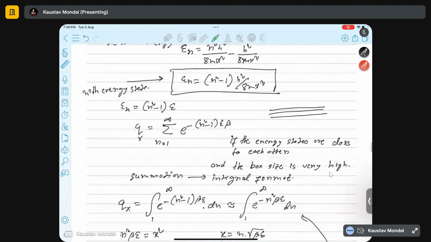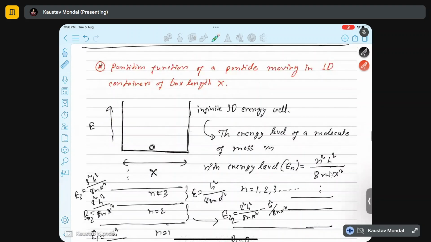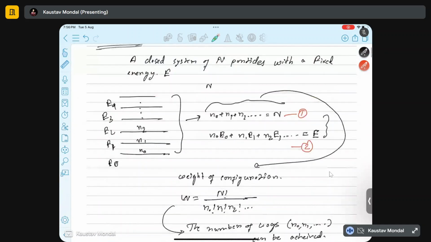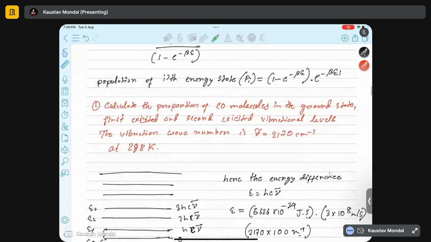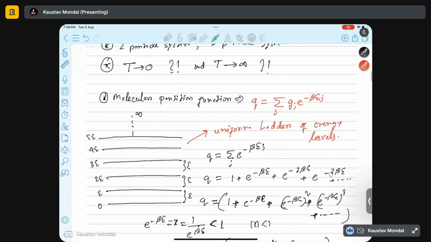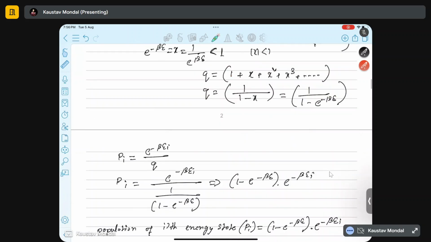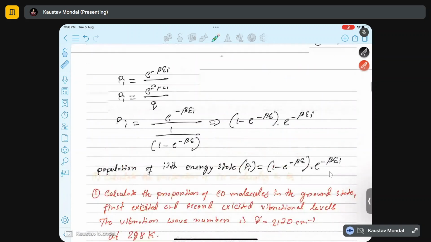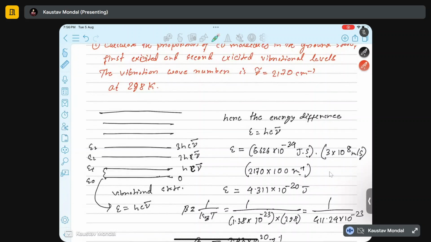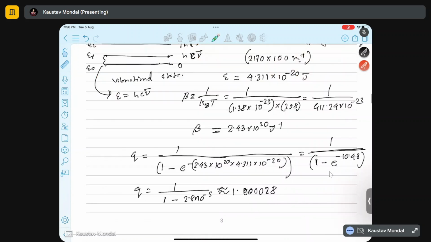So this is it for today's tutorial. We have learned, initially I started from the recap of the previous lecture. Then we calculated the distribution of an infinite uniform ladder-like energy level system, and from that concept we solved some problems for systems that show this kind of uniform ladder-like energy behavior.